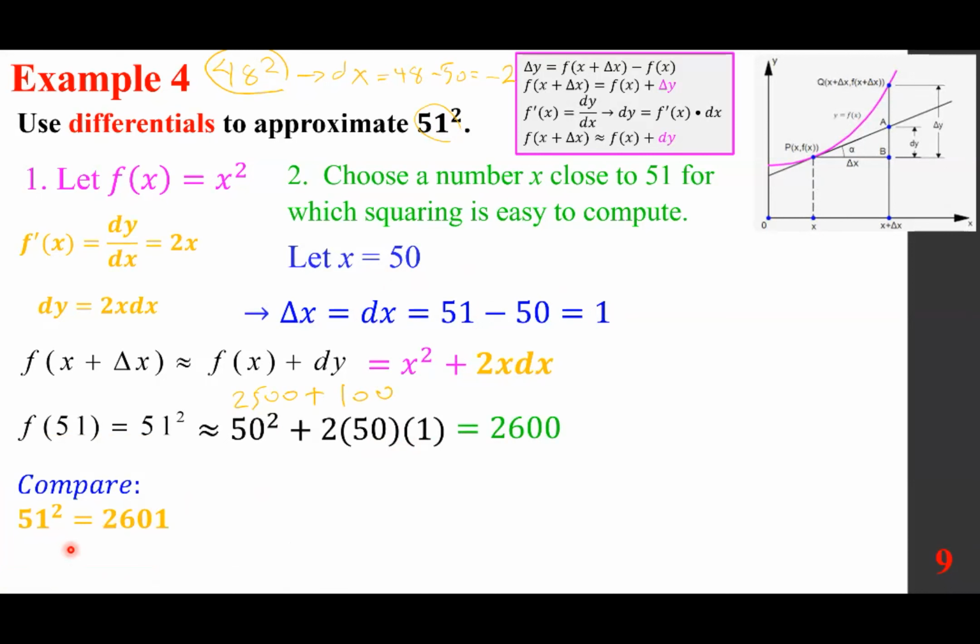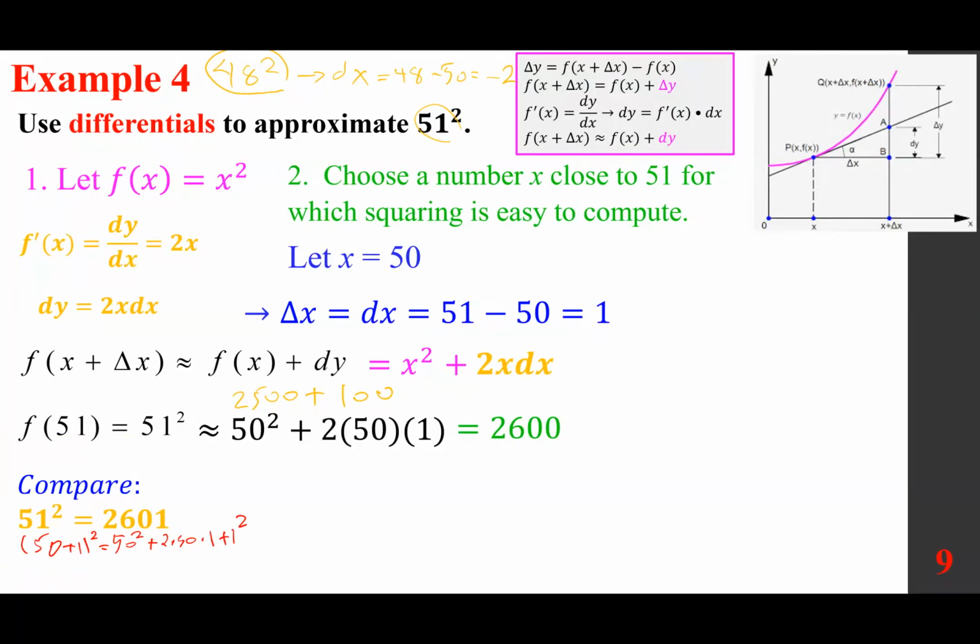By the way, you may remember that you could do this in your head using a plus b quantity squared. I hope you remember that. You can say 50 plus 1 squared, which is 50 squared plus 2 times 50 times 1 plus 1 squared, and that gives you 2601.